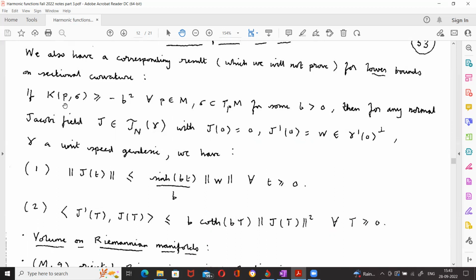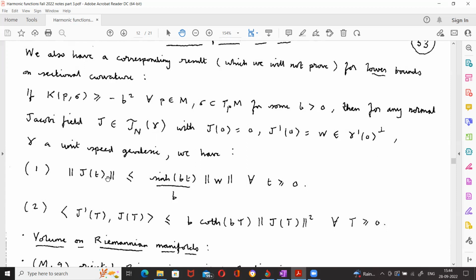So if the sectional curvature is bounded below by some constant minus b squared, then for any normal Jacobi field J with J0 equal to 0 and J prime 0 equal to W, we get the same sort of inequalities, but with the inequalities in the opposite direction.